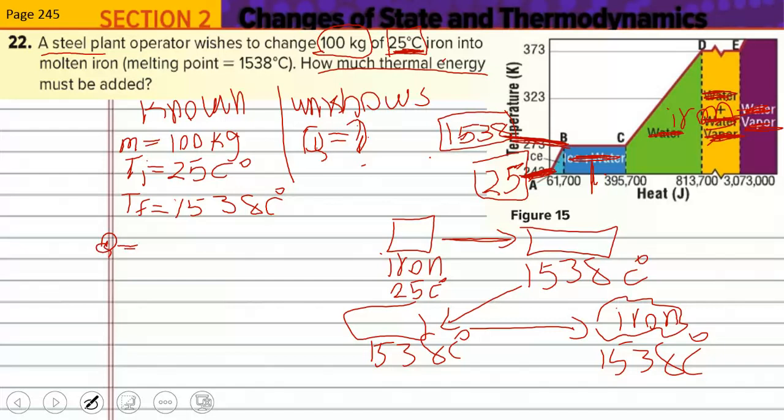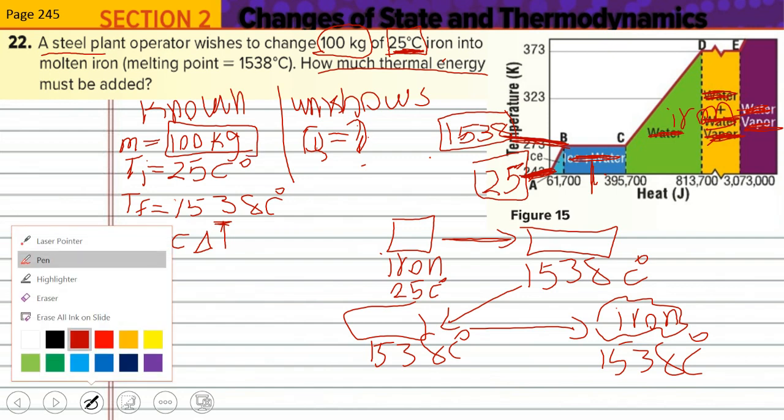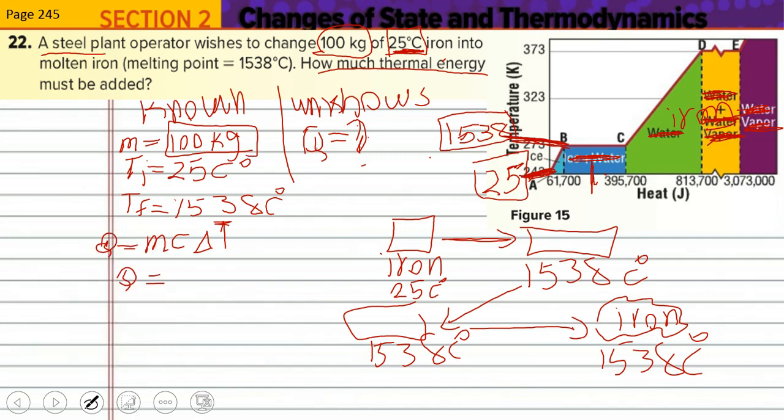It will be Q equal to m c delta T. So Q is equal to what is the mass? The mass is here. I will change the color to see it clearly. The mass is 100 kilograms, multiplied by C, the specific heat of iron, which is equal to 450.